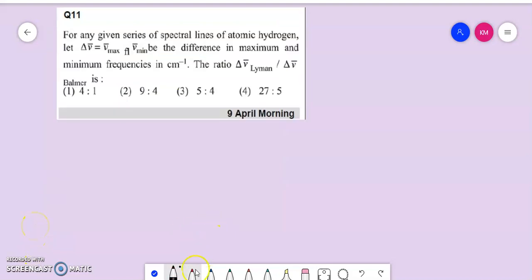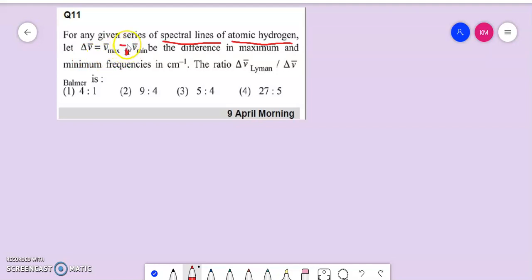Let's see the next question. It's a little lengthy, but a very interesting question, children, and very important also. For any given series of spectral lines of atomic hydrogen, they have given delta nu bar is equal to nu bar max. There is a small mistake.